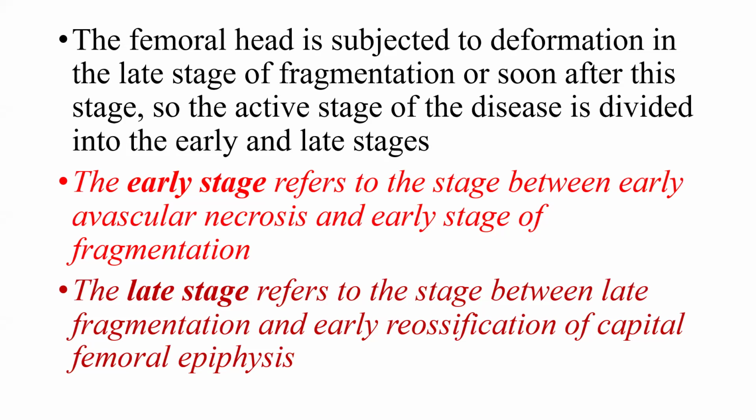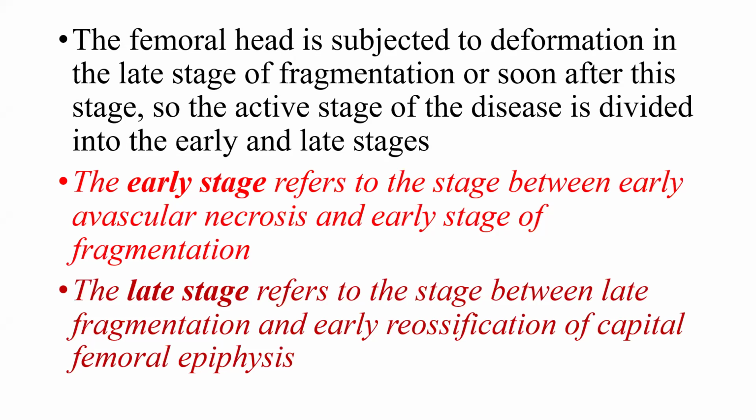The early stage refers to the stage between early avascular necrosis and early stage of fragmentation. The late stage refers to the stage between late fragmentation and early reossification of the capital femoral epiphysis. Don't forget this classification into early and late stages. You have to know what stands for the early stage and what stands for the late stage.